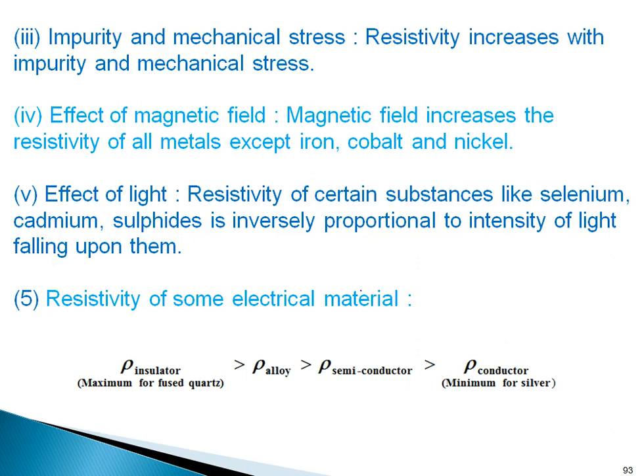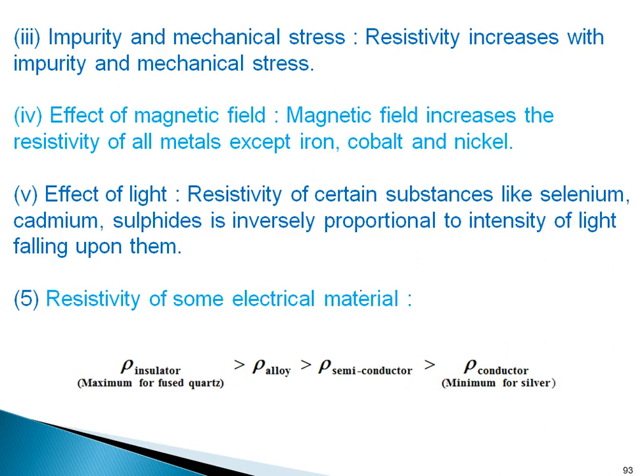In the magnet chapter we will read that magnetic field increases the resistivity of all metals except iron, cobalt and nickel. And similarly in the second last chapter, semiconductor, we will read the effect of light on resistivity. There we will discuss that resistivity of certain substances is inversely proportional to intensity of light. If light intensity increases, resistivity will decrease.